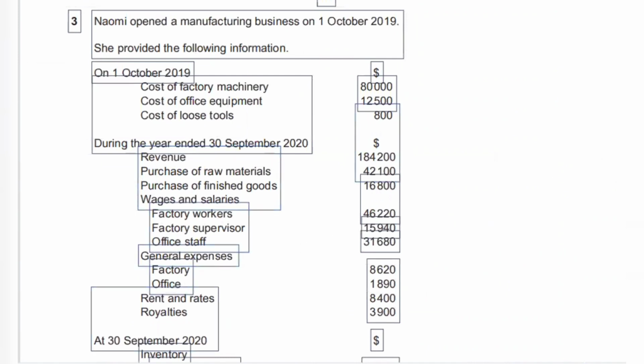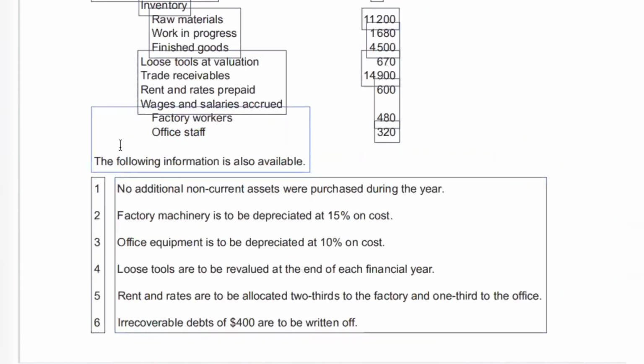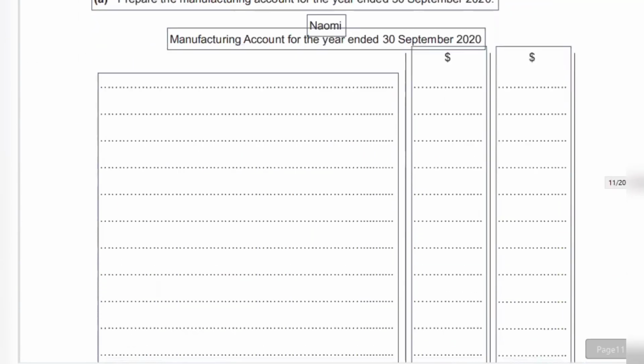We have opening and closing finished goods inventory, work in progress, and raw materials. So we are required to make the cost of raw material consumed.